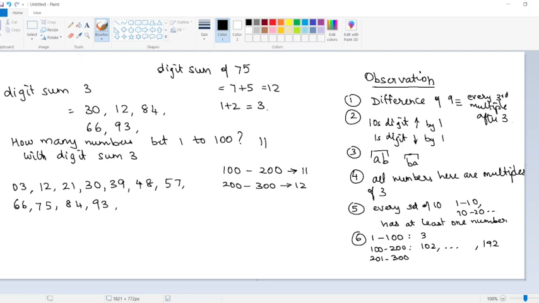Interestingly, I thought the count should be the same. I am increasing the hundreds digit by 1 and decreasing the units digit by 1, as in 102 versus 003.